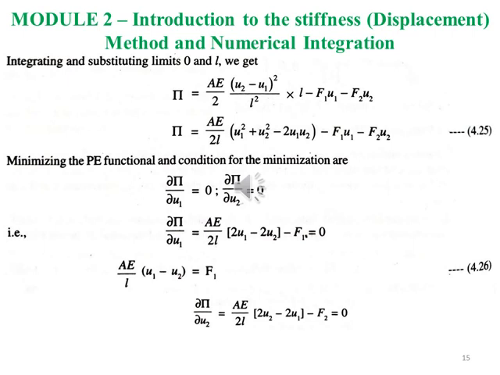Here AE divided by L into [1 minus 1; minus 1 1] can be represented as the stiffness matrix K. So K is equal to AE divided by L into [1 minus 1; minus 1 1], where K is the stiffness matrix for the bar element.